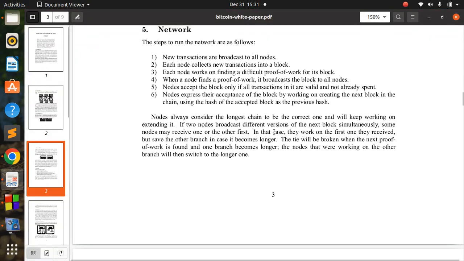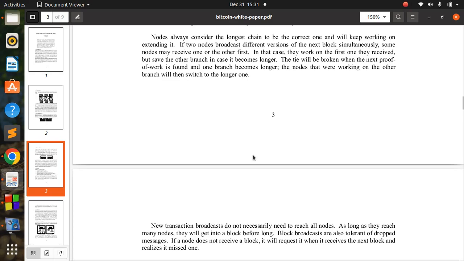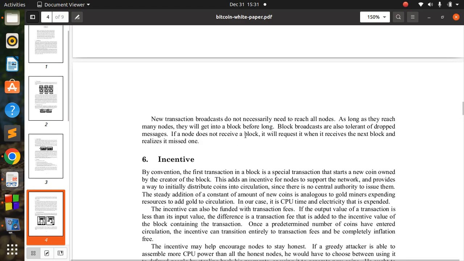All right. In that case, they work on the first one they received, but save the other branch in case it becomes longer. The tie will be broken when the next proof of work is found, and one branch becomes longer. You see now, the nodes that were working on the other branch will then switch to the longer one. You see, the nodes which are the miners. Nodes is just miners. New transactions broadcast do not necessarily need to reach all nodes.